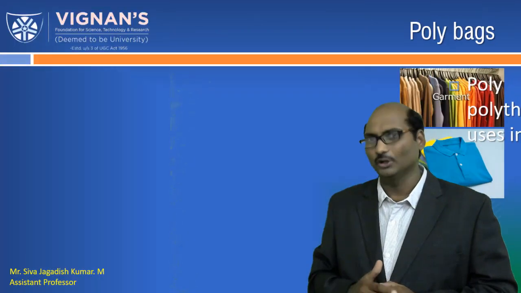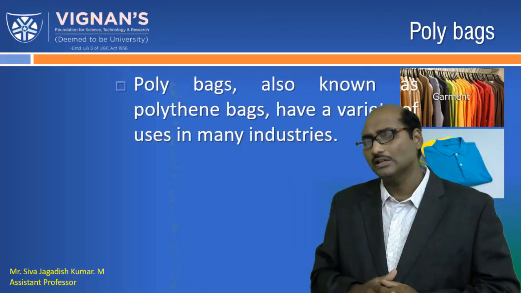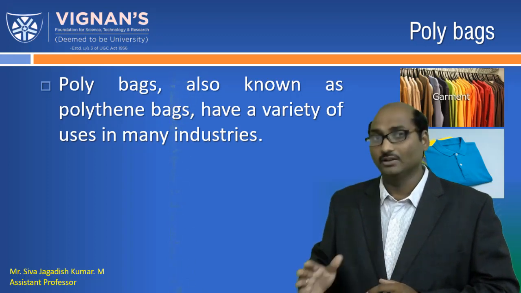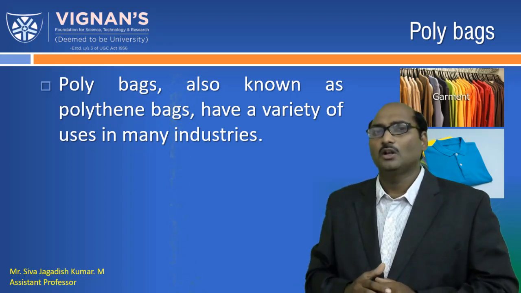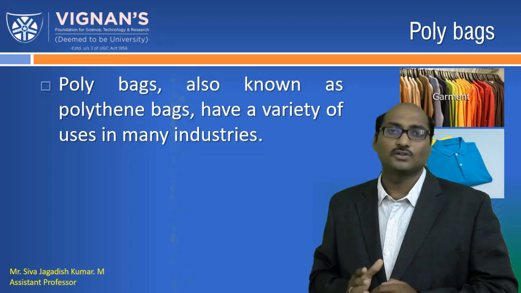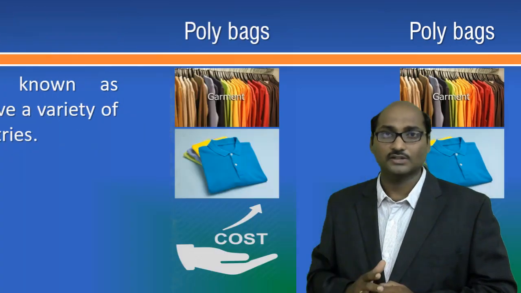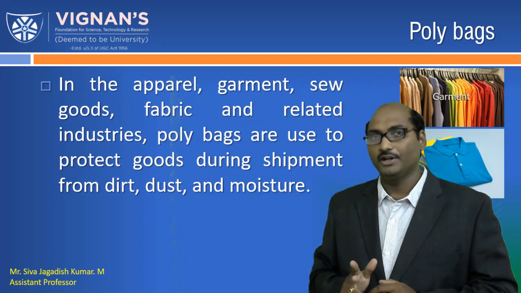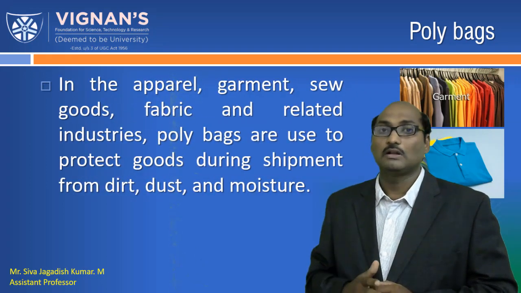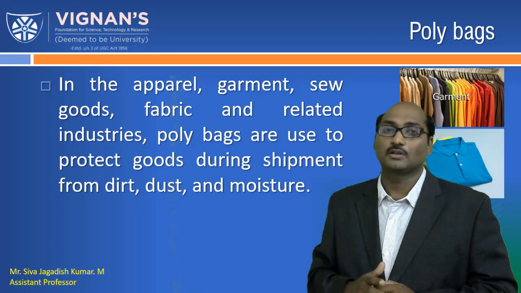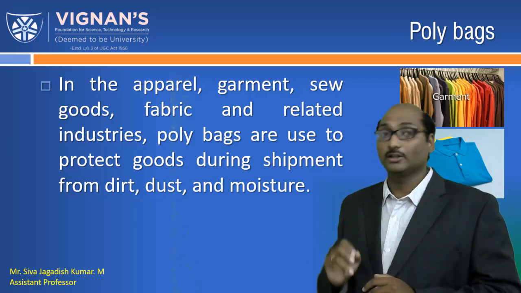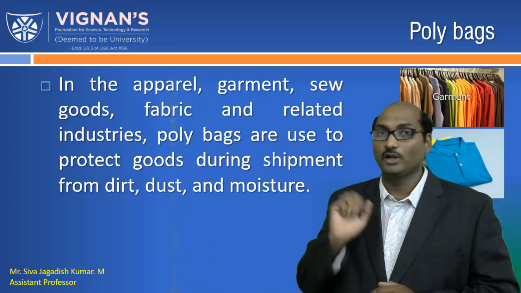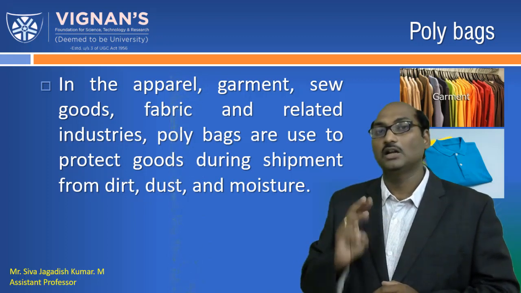So, polybags, which are also known as polythene bags, generally use polyethylene or PP, and have a variety of uses in many industries, not just the garment industry. In the apparel, garment, shoe goods, fabric and related industries, polybags are used to protect the goods during shipment from dirt, dust, and moisture.